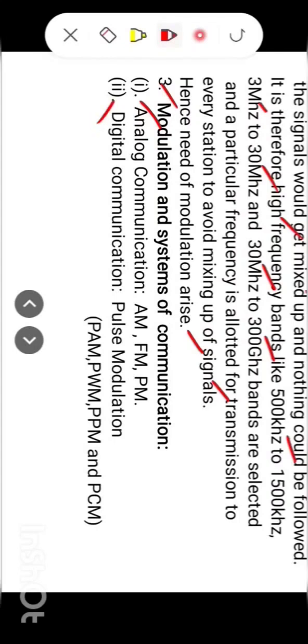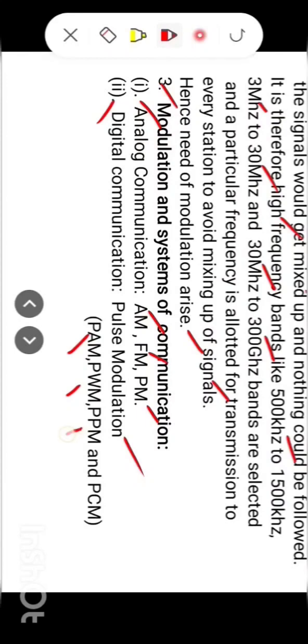Analog communication systems use amplitude modulation, frequency modulation and phase modulation, that is AM, FM, PM respectively. And digital communication system involves pulse modulation, that is pulse amplitude modulation PAM, pulse width modulation PWM, or sometimes we call it pulse duration modulation PDM.